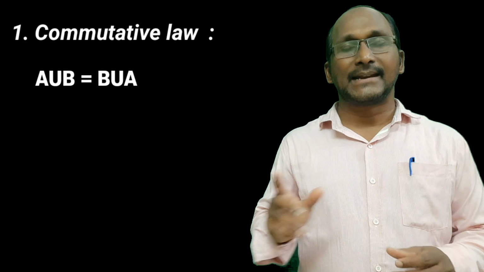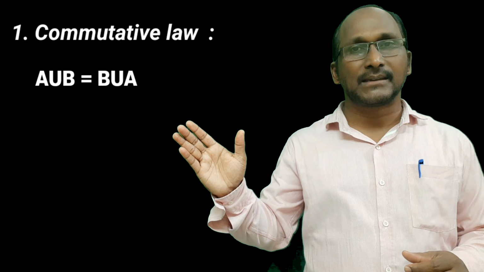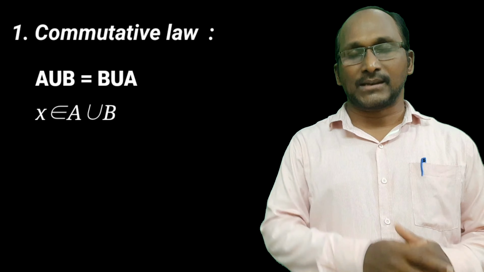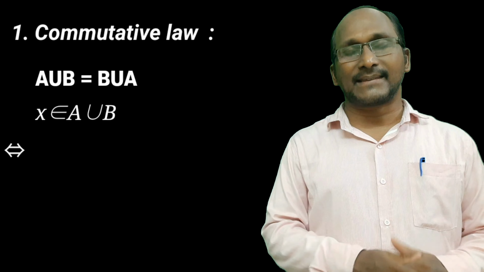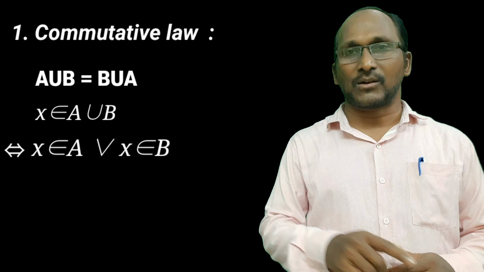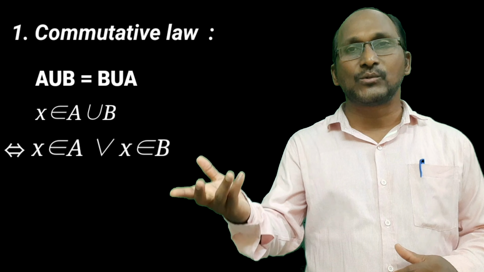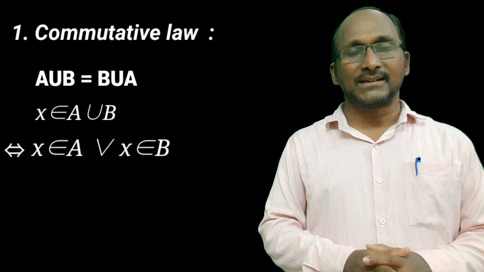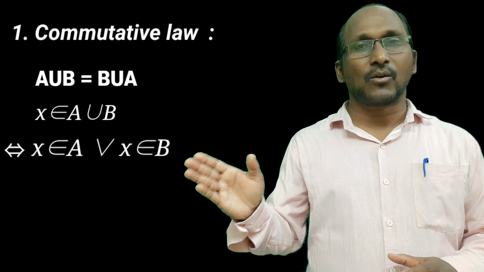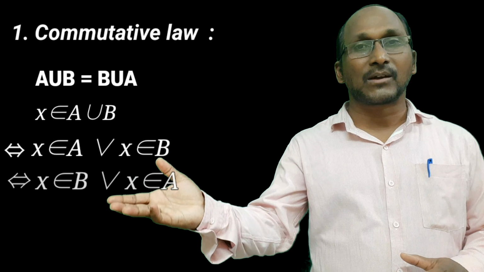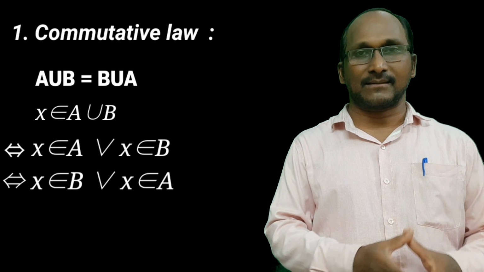For that, let us take one element in A union B, that is X belongs to A union B. It implies that X belongs to A or X belongs to B by the definition of union of two sets. And also we can say that X belongs to A or X belongs to B as X belongs to B or X belongs to A.